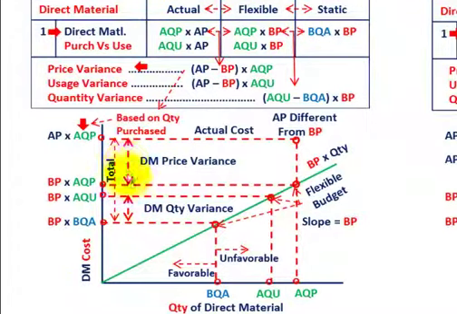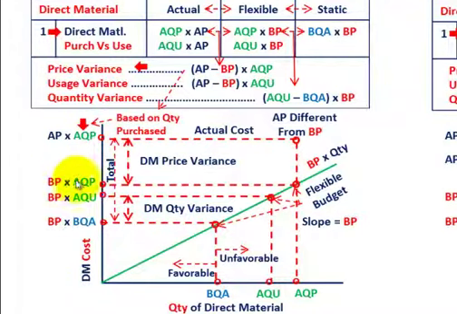And then let's look at the direct material. First, let's look at the direct material price variance, because that's what we're dealing with in this graph. This price variance is based on the quantity purchased, the AQP. So that's what we're dealing with, the actual quantity purchased on this particular graph. That was our direct material price variance.